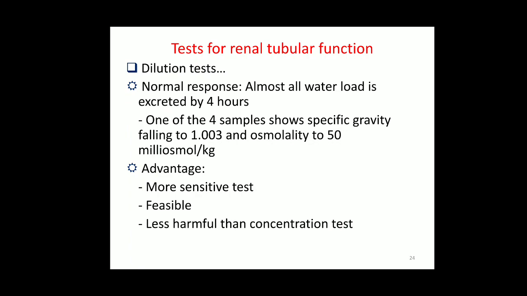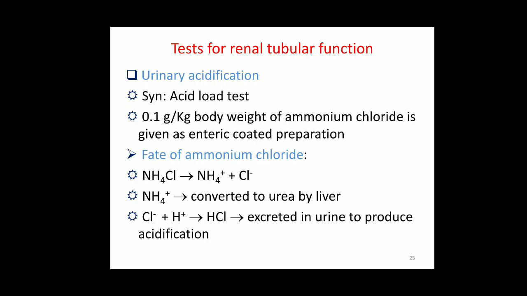Normal response: almost all the water load is excreted by 4 hours, and one of the 4 samples shows specific gravity falling to 1.003 and osmolality to 50 milliosmoles per kg. So this dilution test is more sensitive. That is one advantage. It is feasible and less harmful than the concentration test.